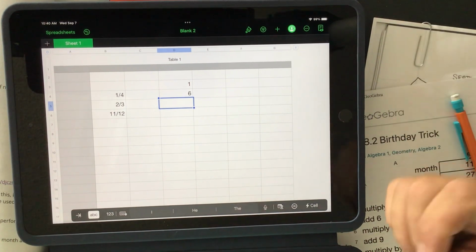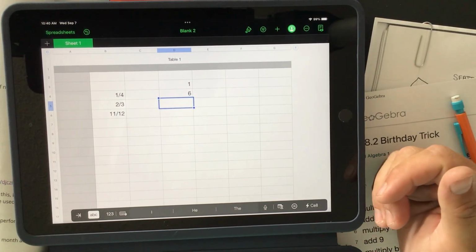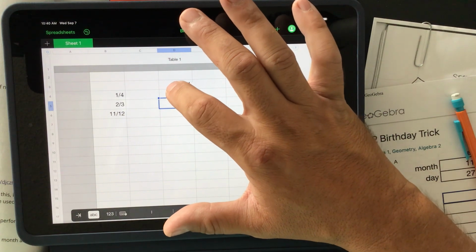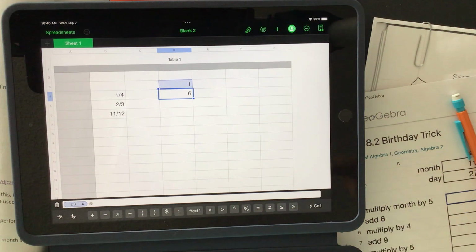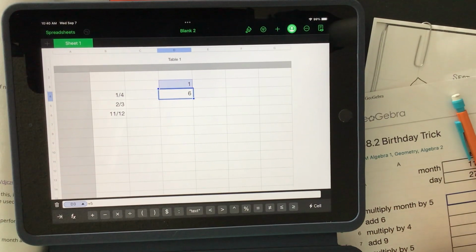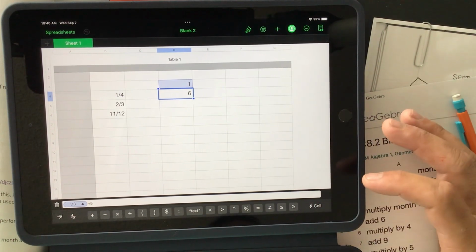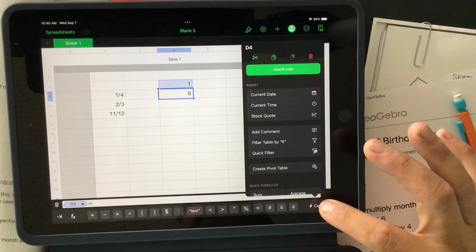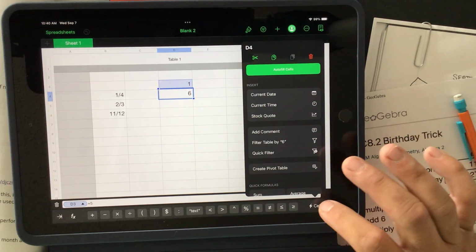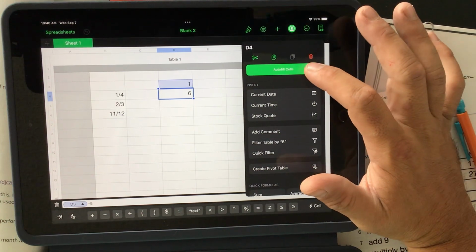But let's say I want to do that a whole bunch of times and I don't want to copy and paste the formula. Here's how you do this. Click in the cell where your formula is. So that's where I have equals, the cell 1 is in, plus 5. Hit Cell, Autofill.